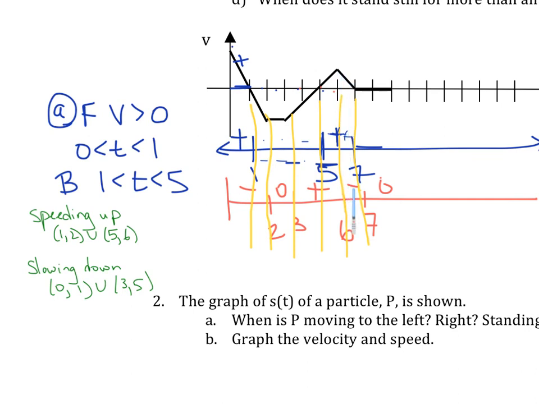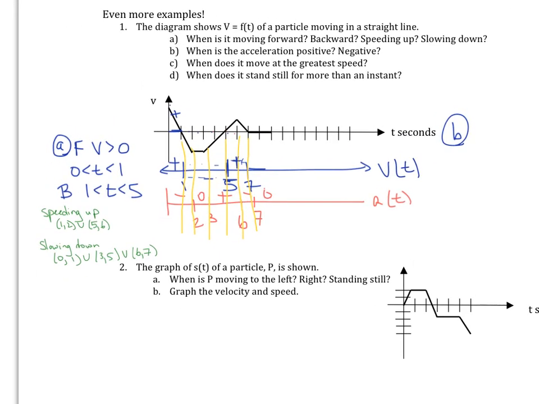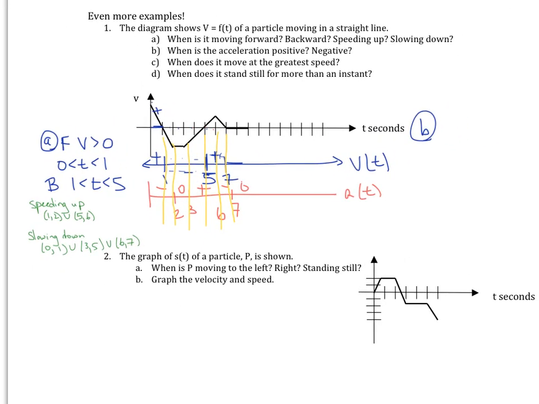Opposite signs, I'm slowing down. So let's add that in, union 6 to 7. Those are all the spots where I'm speeding up and slowing down. If it wasn't included in that, then it's neither.